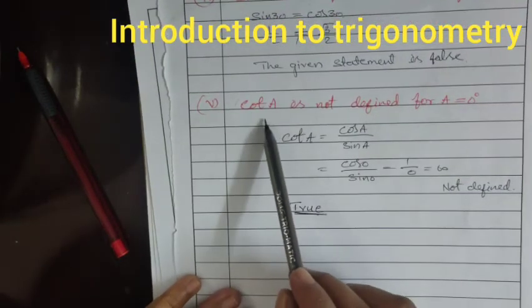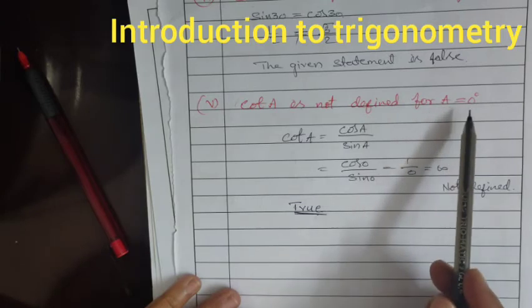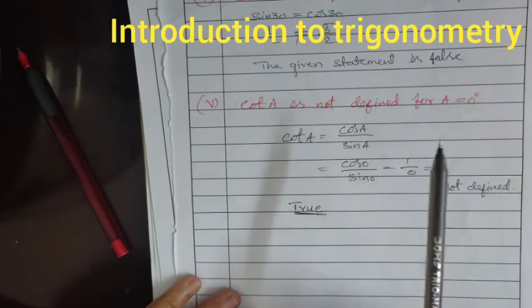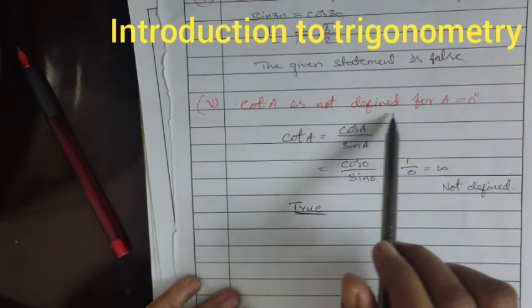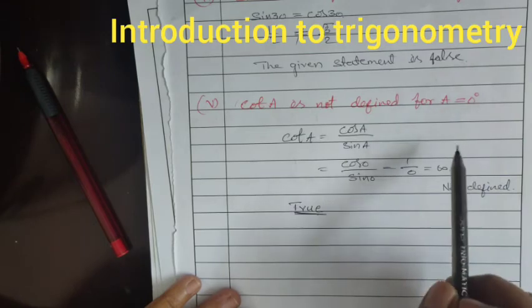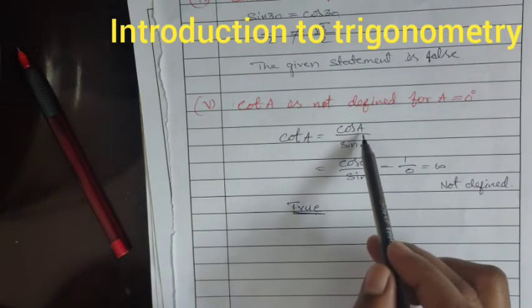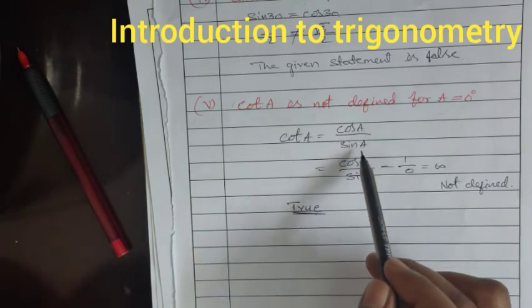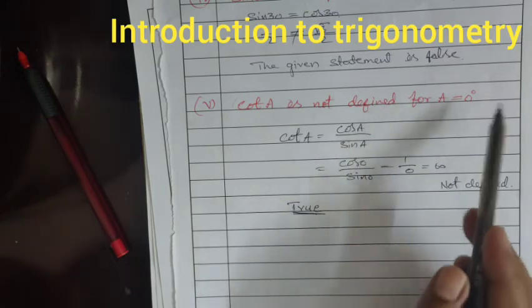So the last question is, cot A is not defined for A equal to 0 degree. So cot A can be defined as cos A by sin A. Okay. So you take A equal to 0 degree.